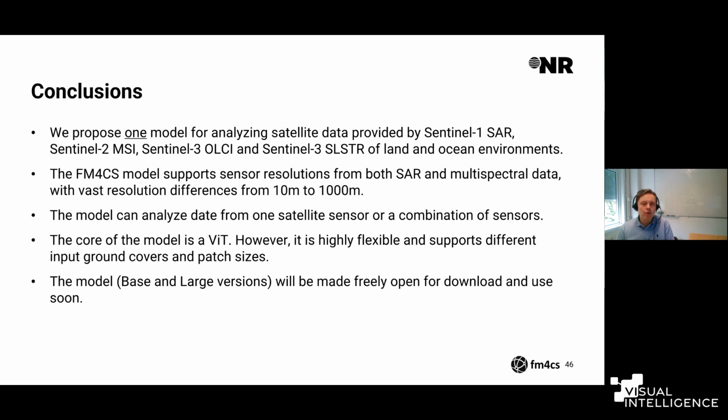This model supports both SAR and multispectral data, and a vast difference in resolutions, from 10 meters to 1,000 meters. So the same data can be used in the same model. It doesn't have to be a single sensor. We can apply it to a combination of them. We can have missing modalities in between. It doesn't matter. This works.